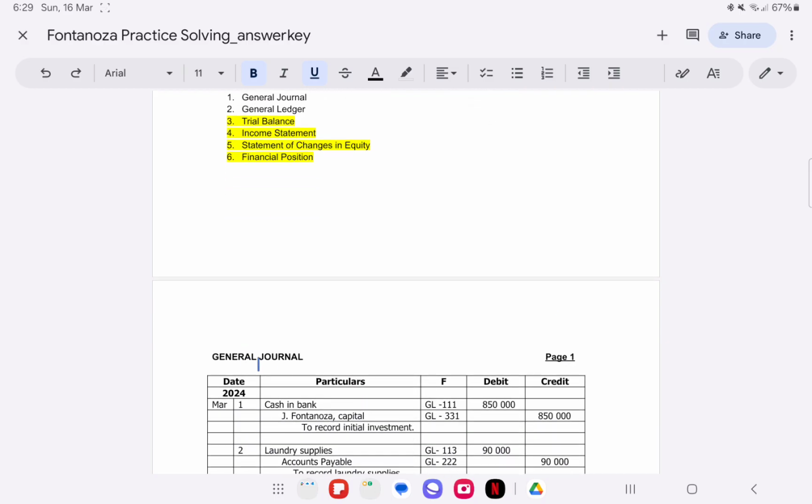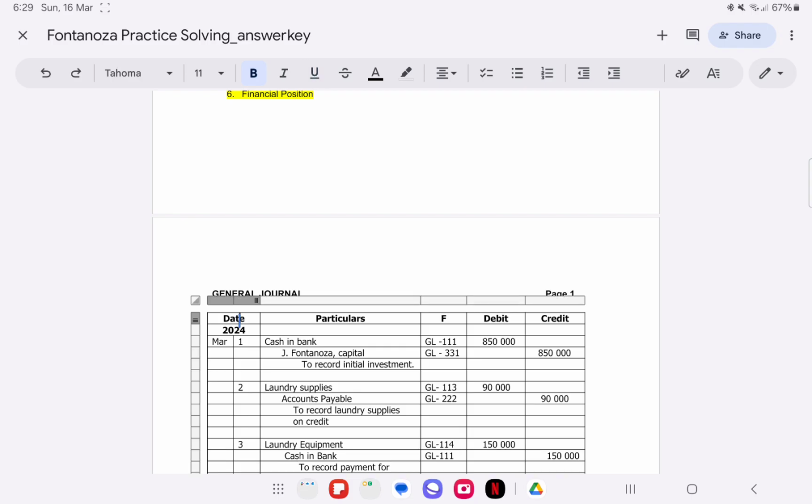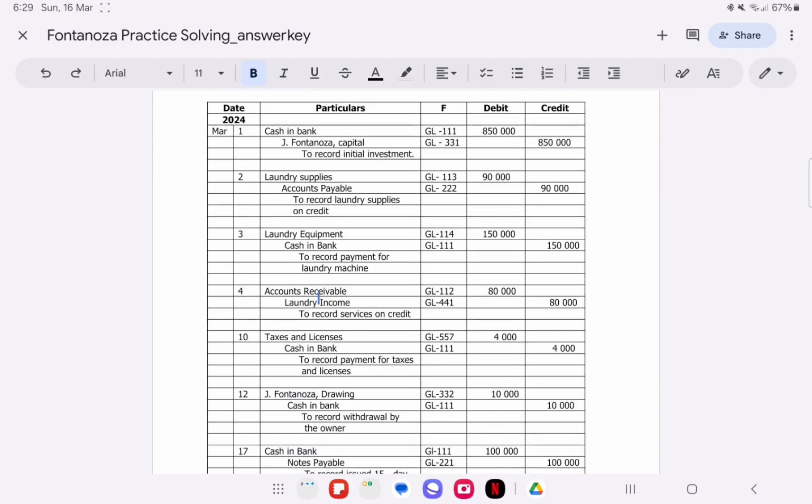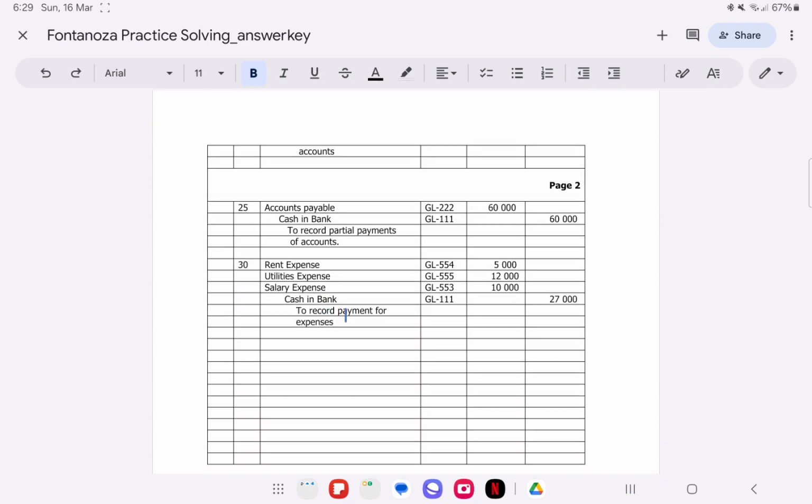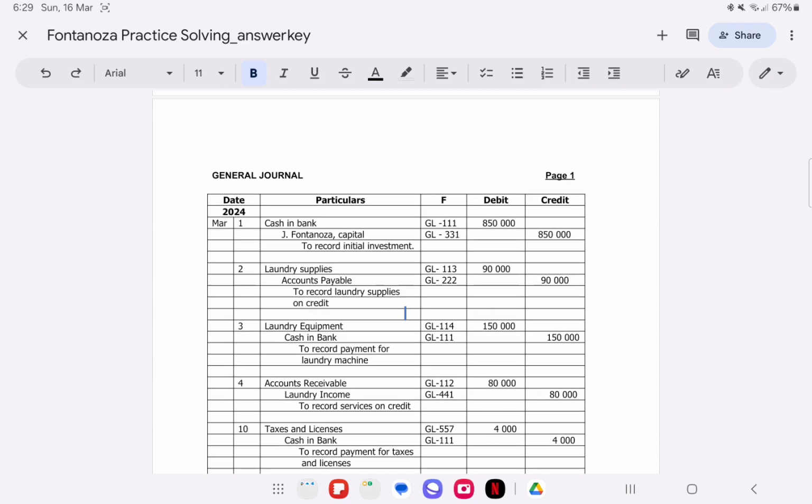This is the general journal. We have the date, the particulars, the reference number, the debit, which is our value received, and the credit, which is our value parted with. This is page 1, and we have another page 2.